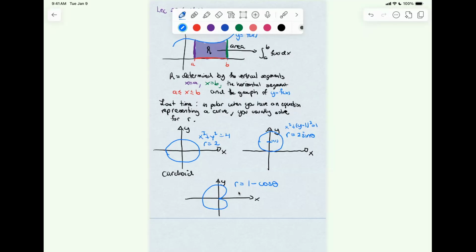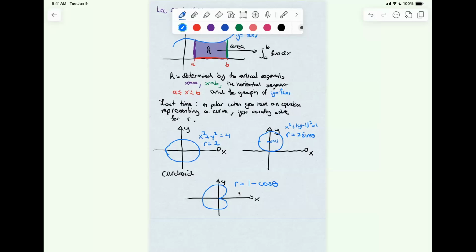Okay, so where am I headed? Imagine, for example, I wanted to find the area of this cardioid, the amount that's inside the cardioid. The idea is that in these cases, it is better to think about the area in terms of polar coordinates instead of x and y.